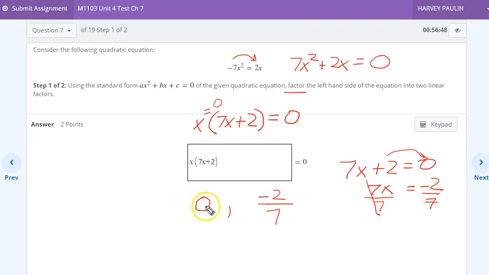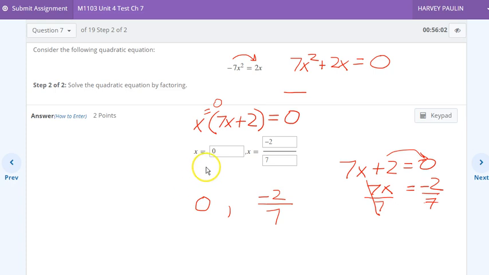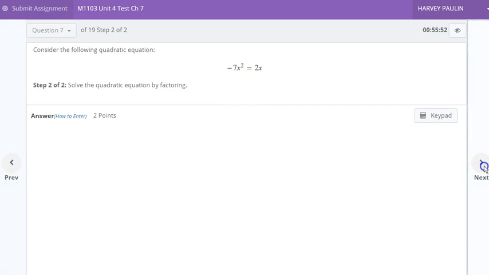And there is our second answer. X equals 0. That's our first answer. So again, the second part of this is a two-step problem. They want this. All right, let's go on.